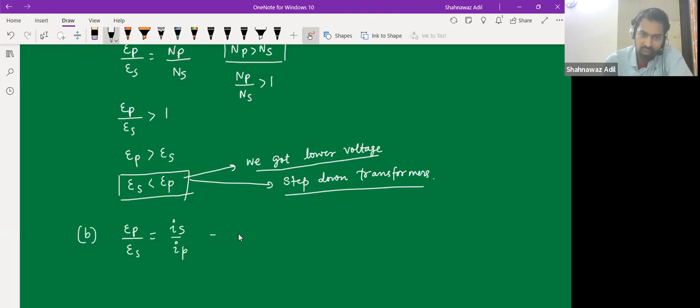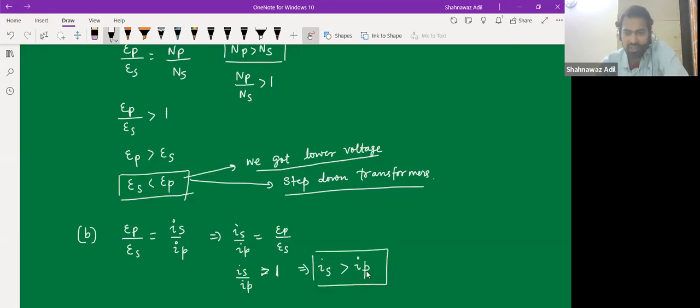So if we write IS by IP equal to EP by ES, this is greater than 1. We have just found out that EP by ES is greater than 1, which means that current in the secondary coil would be greater than in the primary coil.